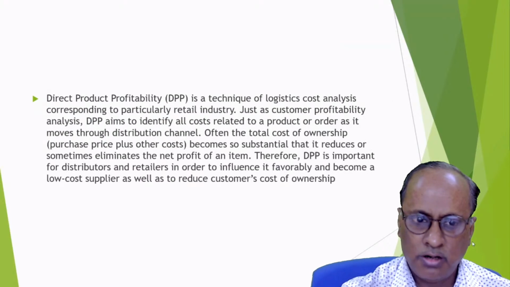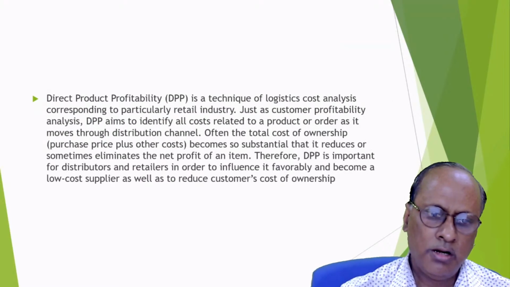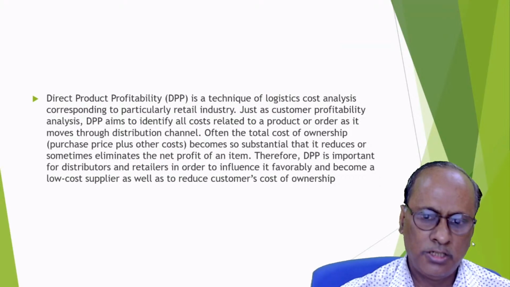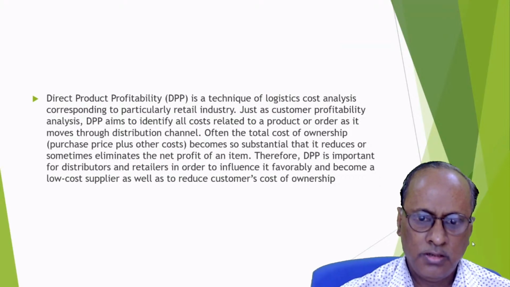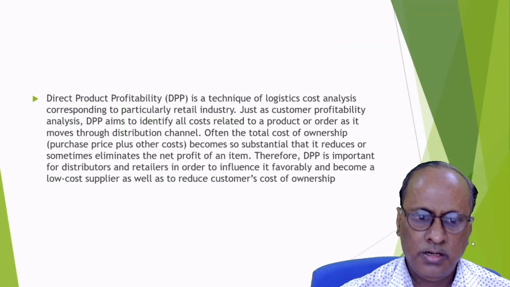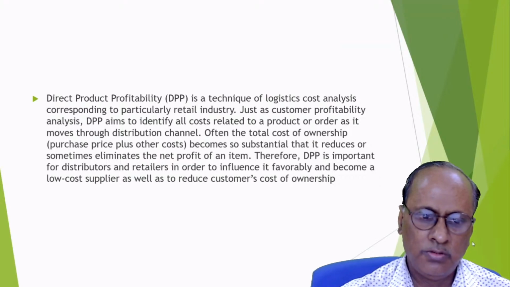strategies, and product development. Direct product profitability is a technique of logistic cost analysis used particularly in the retail industry. Just as in customer profitability analysis, DPP aims to identify all costs related to a product or order as it moves through distribution channels.